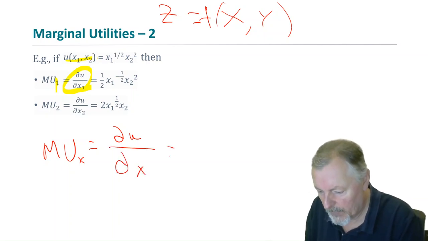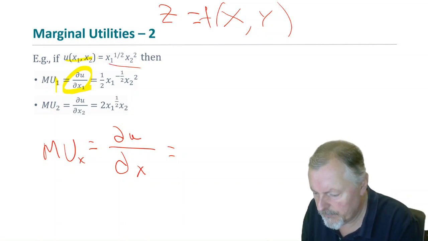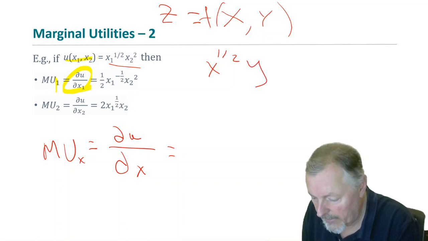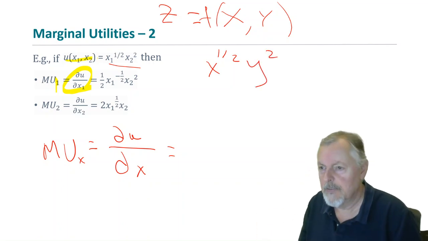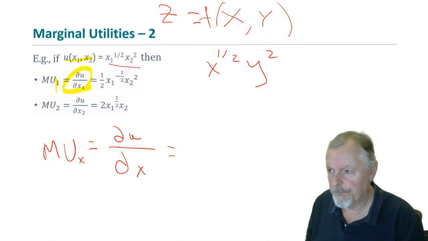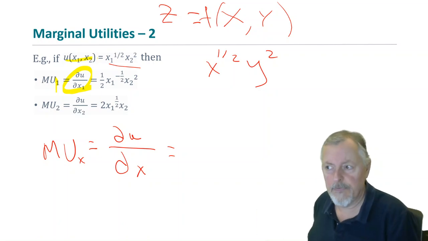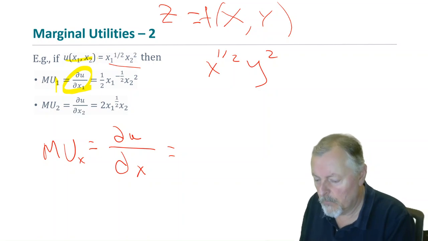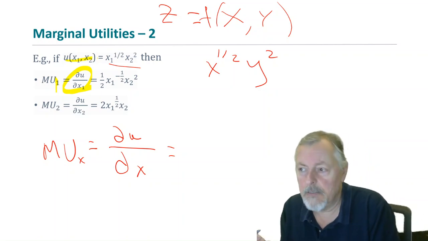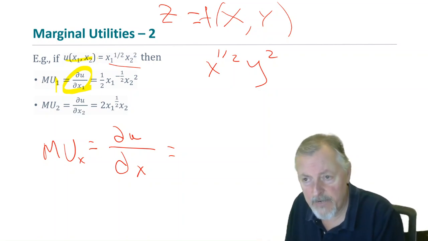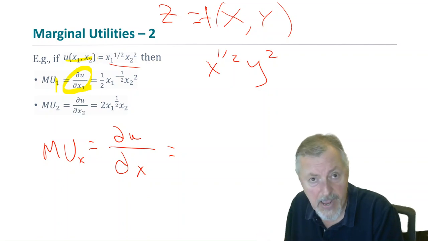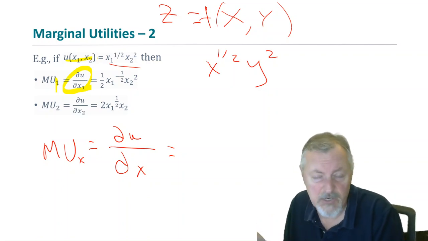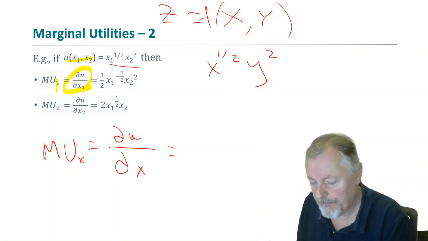Now, if this is your utility function, which I'll change to be x to the 1/2 y squared, just to make it a little visually more clear, to take the partial derivative of that function with respect to x, well, you pretend that any variable other than x is just some constant. You don't need to know what, just it's a constant.